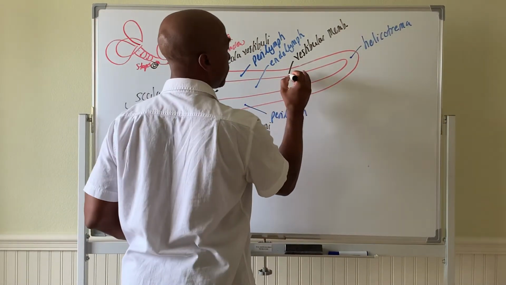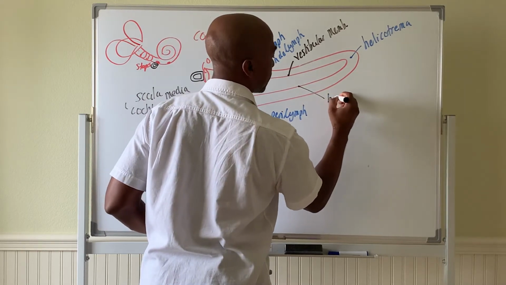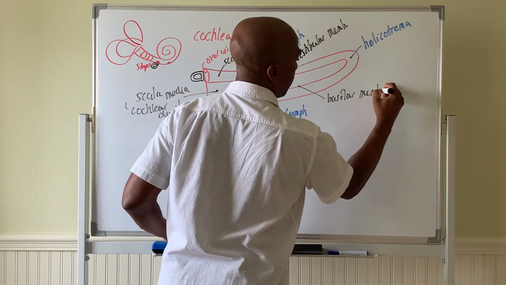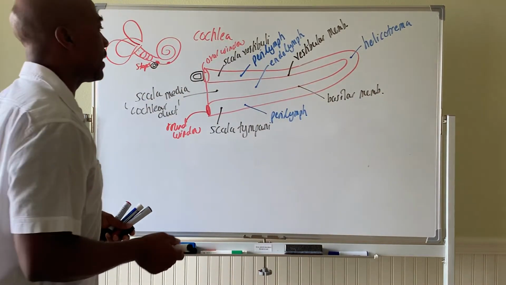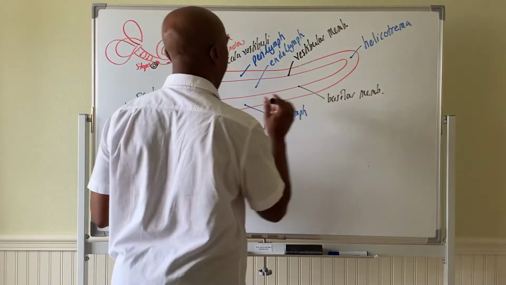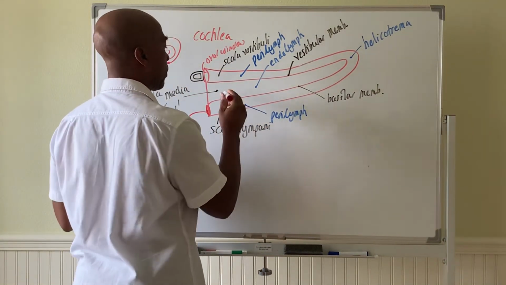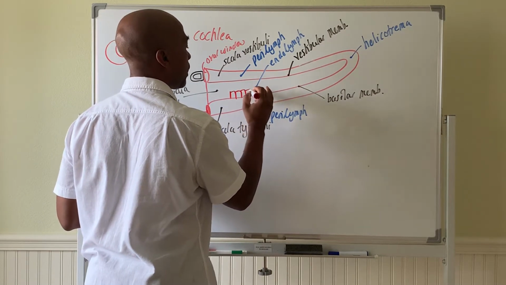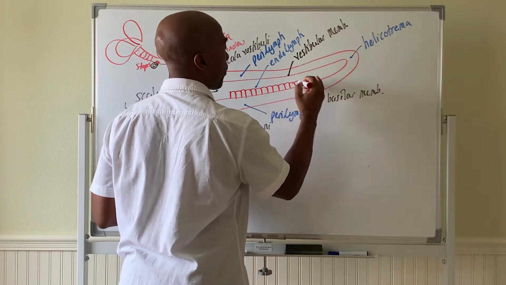The lower one here is called your basilar membrane. So, 2 membranes. And then sitting on the basilar membrane are some cells. We call them hair cells.